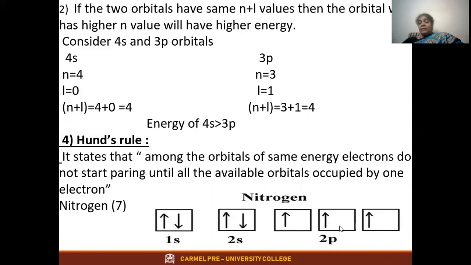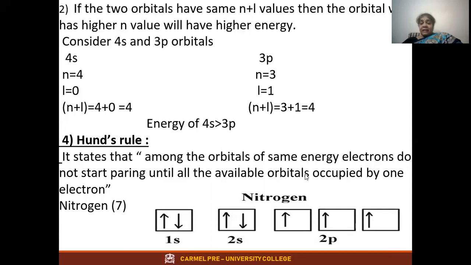In p, you have 3 suborbitals, px, py, pz. In d, you have 5 suborbitals: dxy, dyz, dzx, dx square minus y square, and dz square.